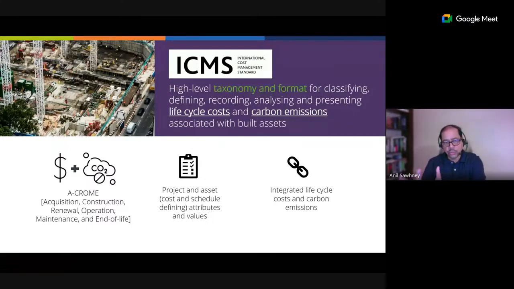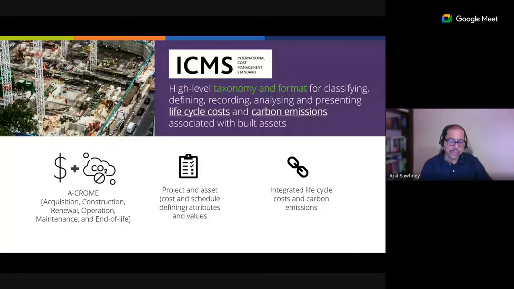Alongside that, you do WLCA and cost calculations using one taxonomy, the ACROM. You report the life cycle cost and life cycle whole life emissions for your building. If you start building that database and you have hundreds of school projects with their features or attributes and values provided, you can now start comparing, finding what's called the reference class, and then use that reference class to forecast for your current project what would be the cost and emissions.